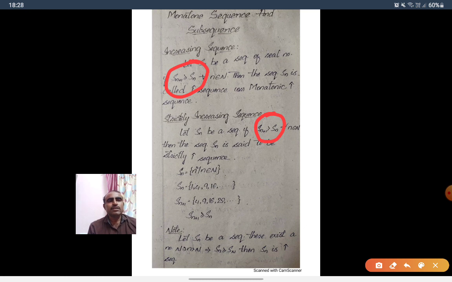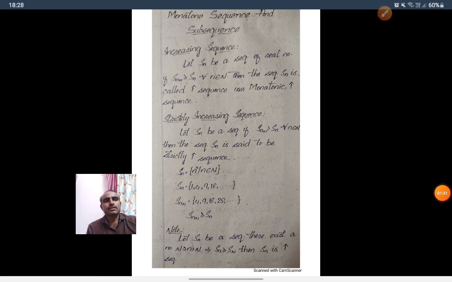For example, Sn is equal to n square for all n belonging to N. What are the terms? S1 is 1 square, which is 1, S2 is 2 square, which is 4, S3 is 3 square, which is 9, S4 is 4 square, which is 16. What is Sn+1? Sn+1 is (n+1) whole square.